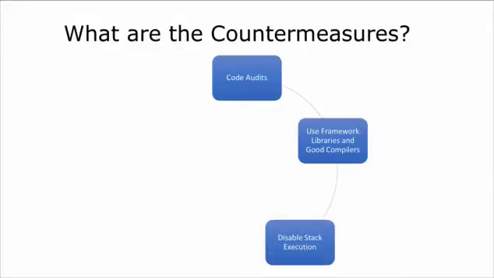The next thing you do is disable stack execution. In Windows terms, this is called DEP, or Data Execution Prevention. Basically, you want to make sure that your operating system doesn't allow execution of data in the stack. In other words, the stack is only there to hold memory. It's not there to execute instructions. The next thing you want to do at an operating system level is randomize your memory addresses.